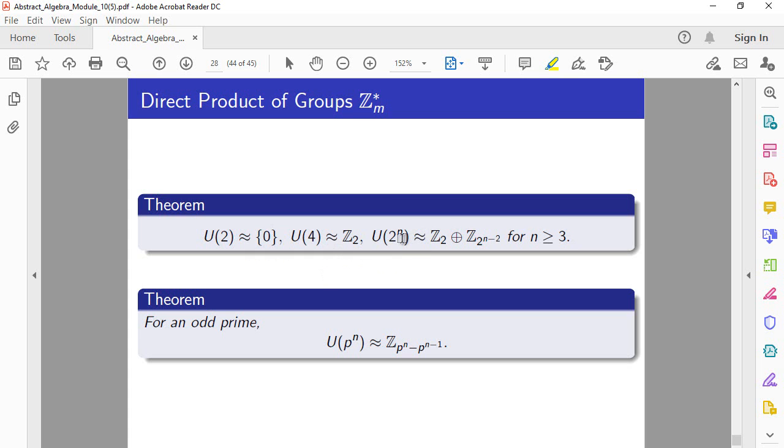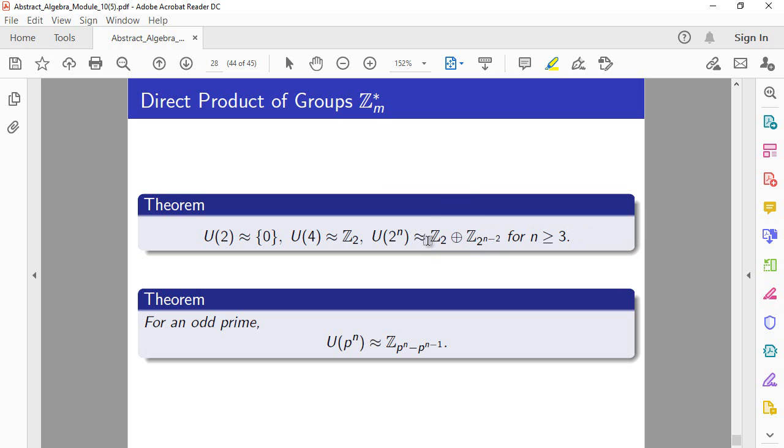U of 2 to the n is isomorphic to the external direct product of Z2 and Z of 2 to the n minus 2, or sometimes we say external direct sum when the individual groups are abelian groups, and this is another symbol that is used for this case.